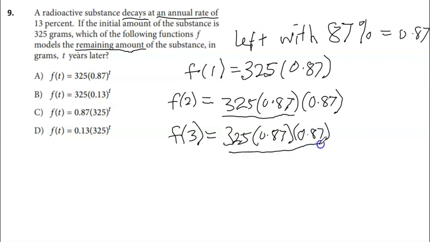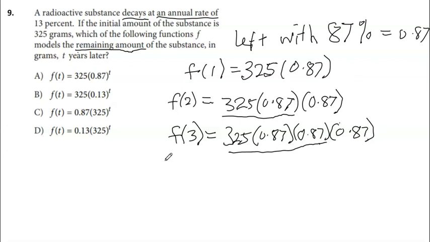All this is from the second year, and now at the end of the third year I have a decay of 13%, leaving me with 87%. So what do we see here? First year, we have 0.87. Second year, we have 0.87 multiplied by 0.87. Third year, we have this repeating 3 times.